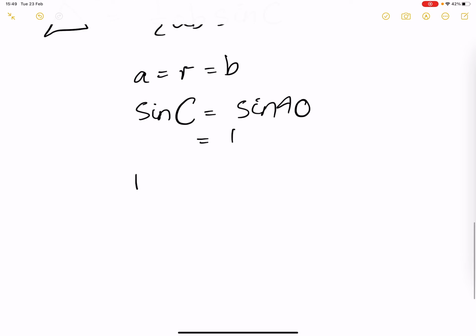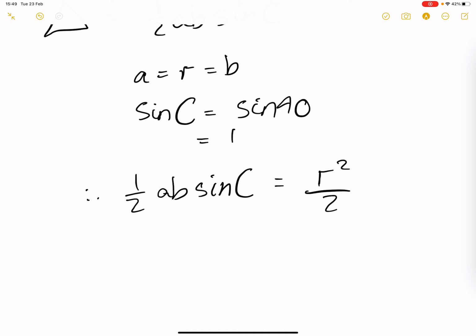So therefore, half AB sine C is just equal to half r squared times sine 90, but we can take that out because we know it's just 1. So we have the area of our triangle.